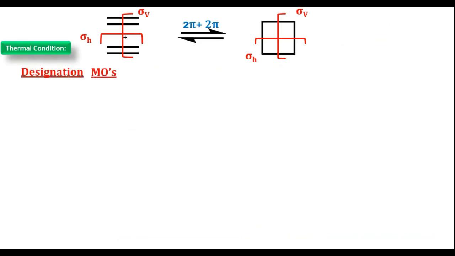In the last class, for the CMO theory of electrocyclization, we used C2 symmetry or sigma symmetry. But here you have to use sigma V and sigma H symmetry elements combined. Here I am taking sigma V and sigma H, therefore in the product also I have to write sigma V and sigma H.